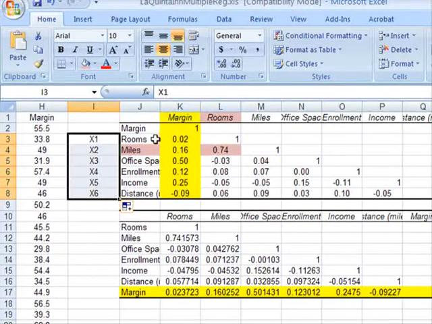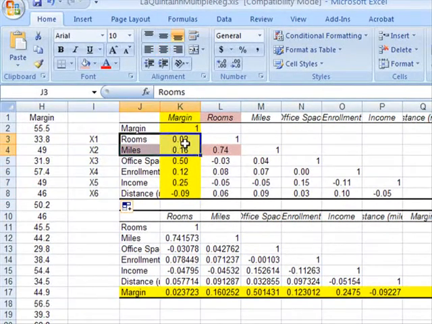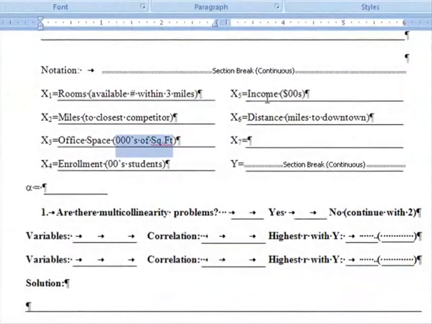Now, when I come back to my correlation between each of those, x1 and x2, and my y, I see that the highest correlation with y is miles. Therefore, I come here and I say, yes, I found a problem between x1 and x2. The correlation was 0.74.